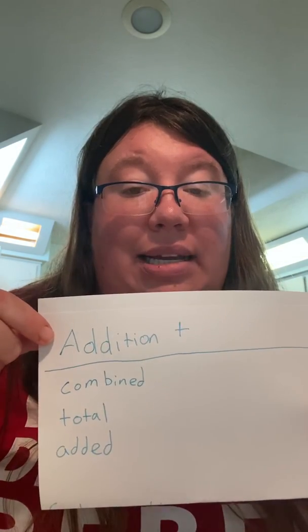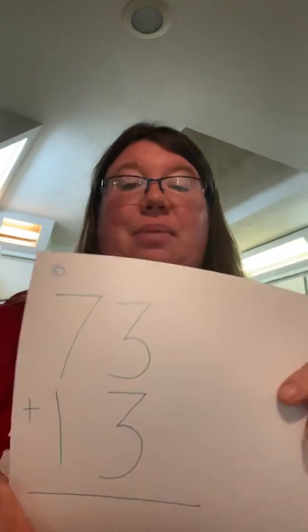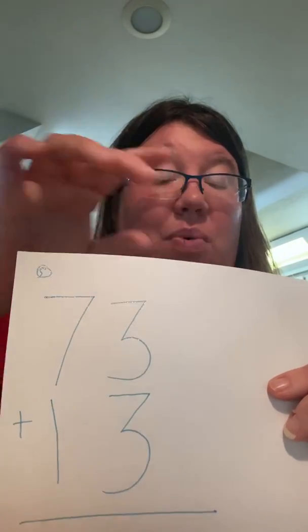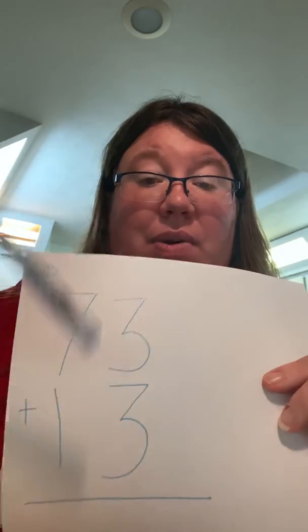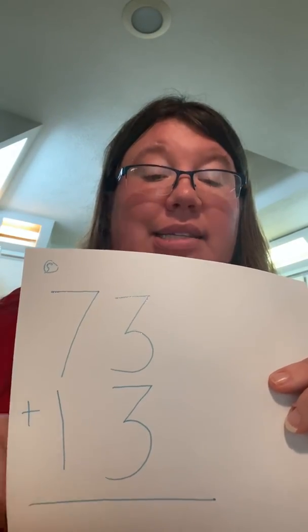Total means addition. This is a plus problem. So our problem looks like this. Even if it's plus, we always start with the ones column, so let's start there. 3 plus 3 equals 6. Good.